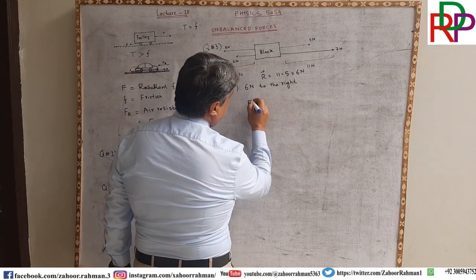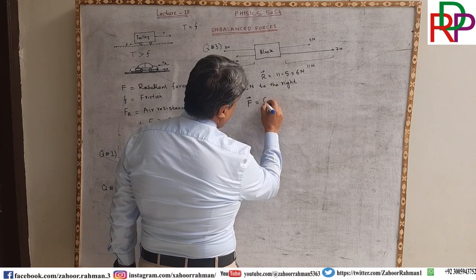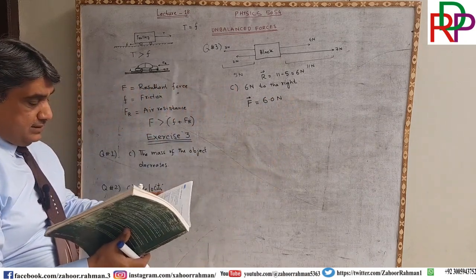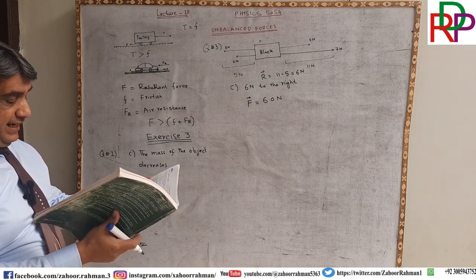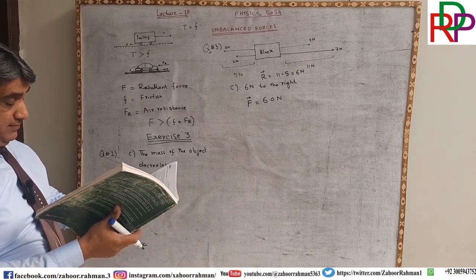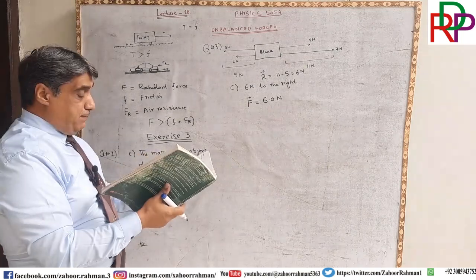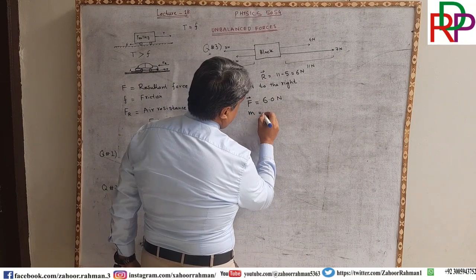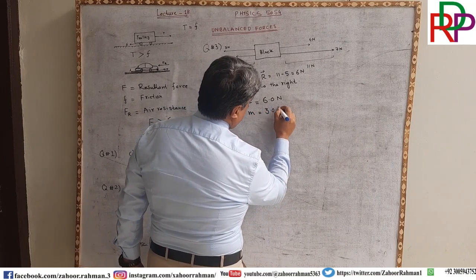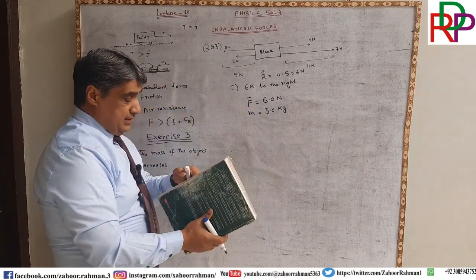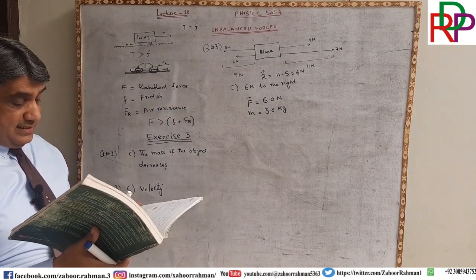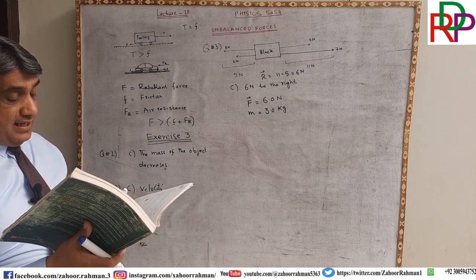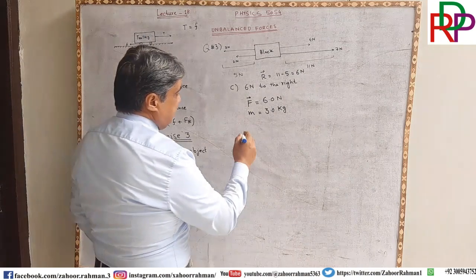So here the given data is F is equal to 6.0 Newton, and M is equal to 3.0 kilogram. Then the question is saying the acceleration of the mass will be.